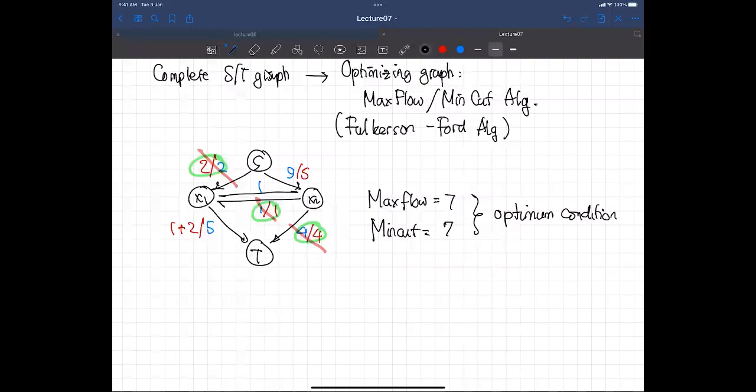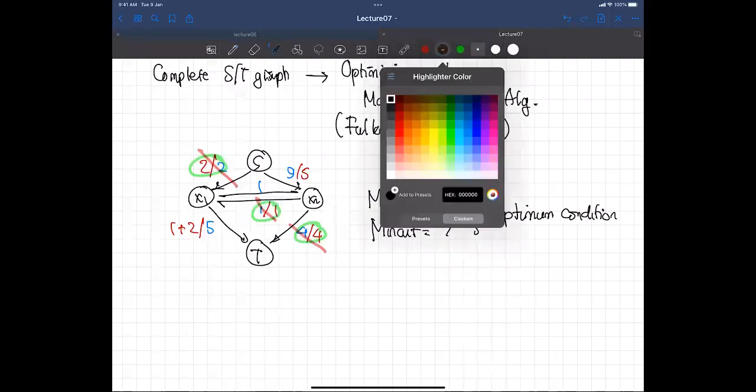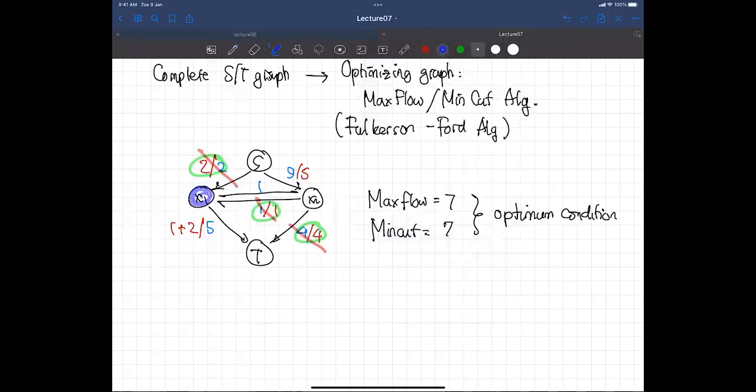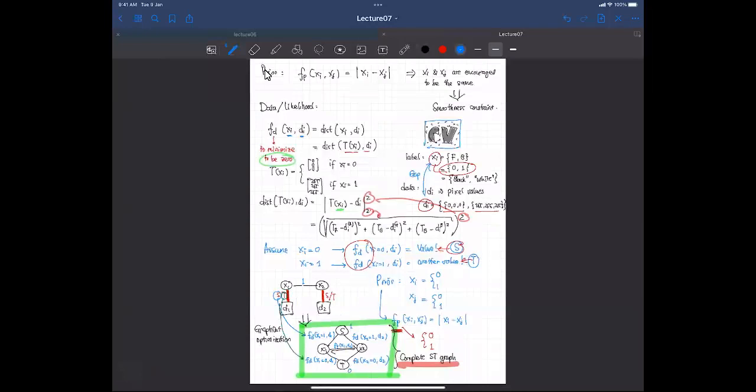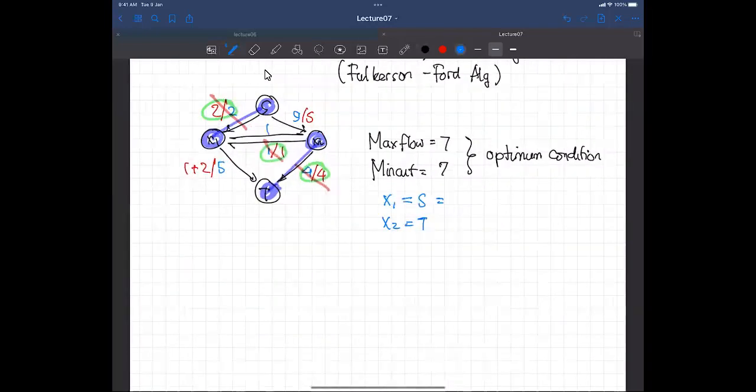And if it's optimized, we know the label, because x1 belongs to S, x2 belongs to T. So in other words, now we know the label: x1 equals S, x2 equals T. S equals 1, and T equals 0. 1 equals background. This one is foreground. So that's how you know the label.